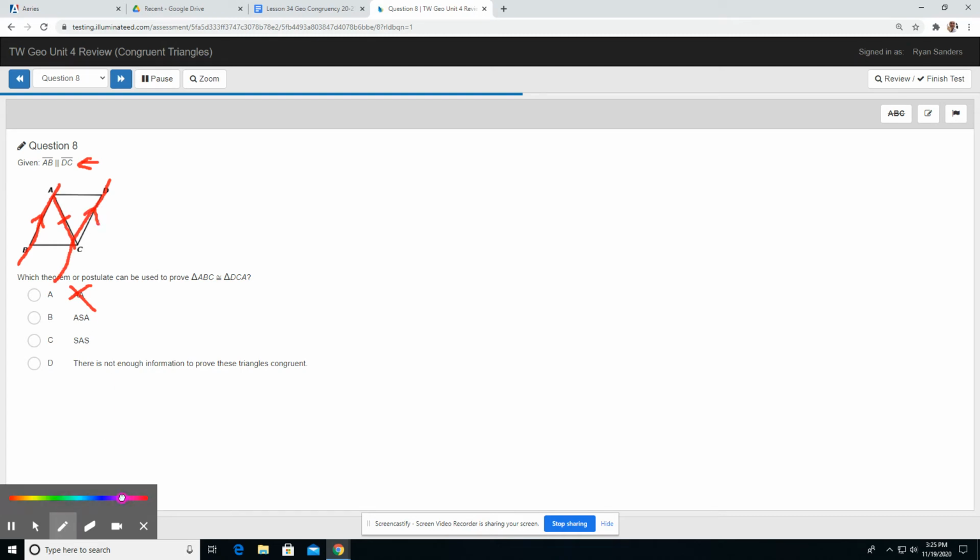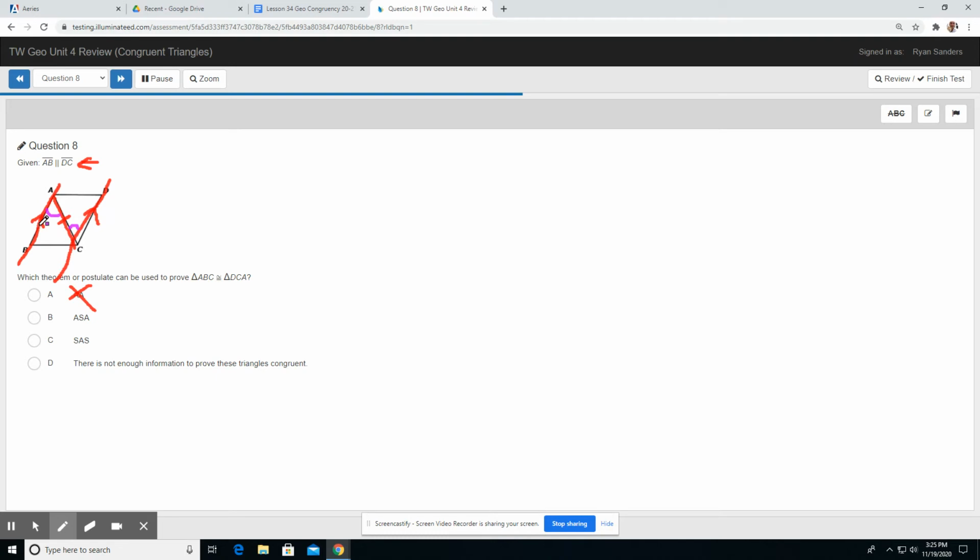That means we have some matching angles with alternate interior. So alternate interior means this one and this one match. Do they give us anything else? It doesn't look like it. So we would need either this side. Nope, that would give us SSA. We would need this side to match with this side, which it doesn't.